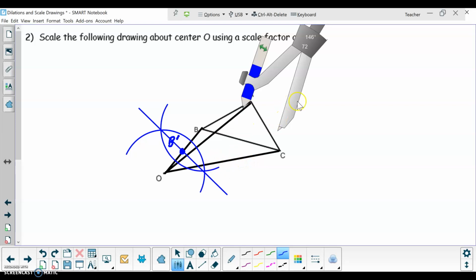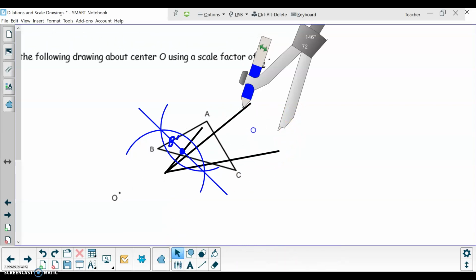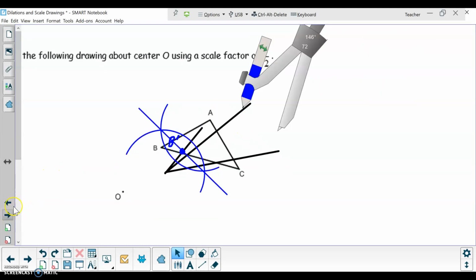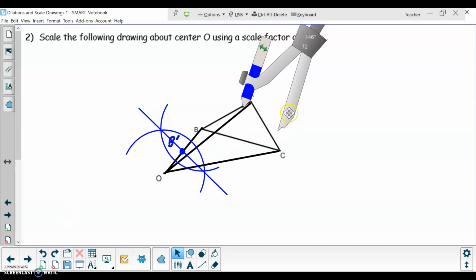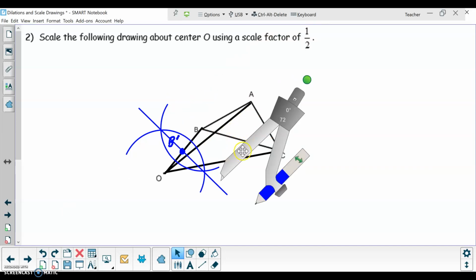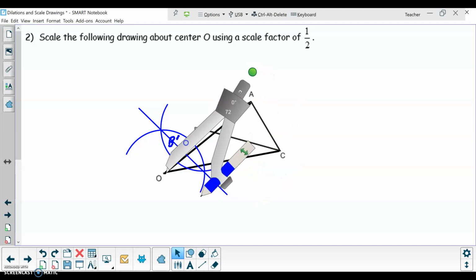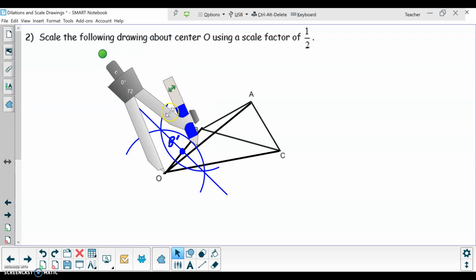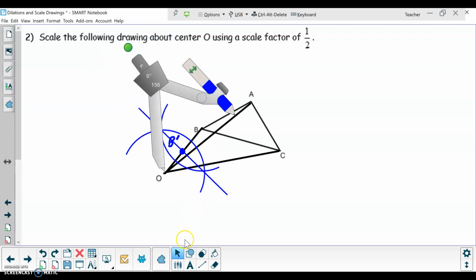And then you're going to do the same thing with OA and OC, all right? So, middle point at O. Make sure you extend more than halfway.